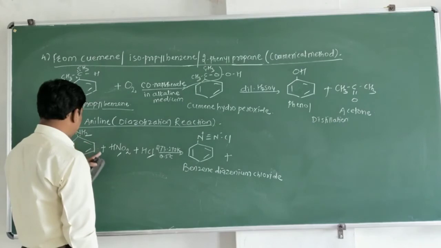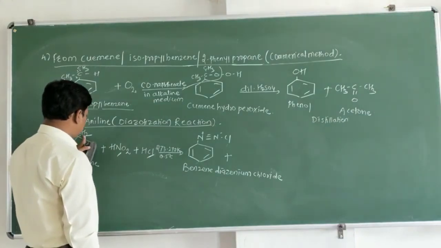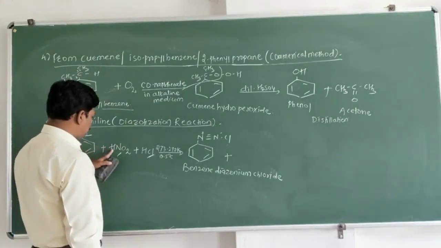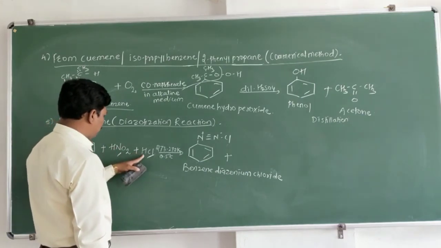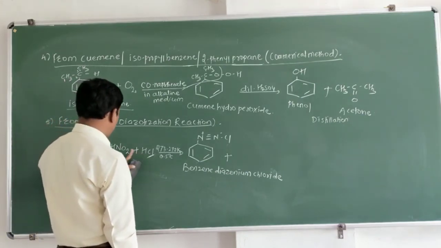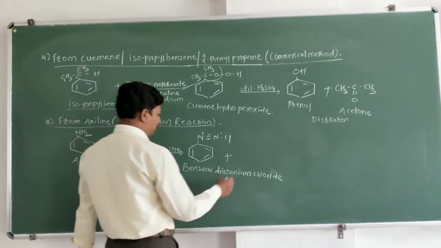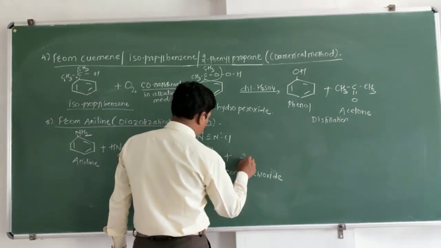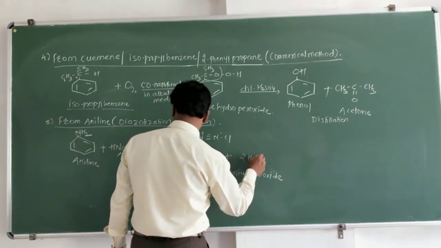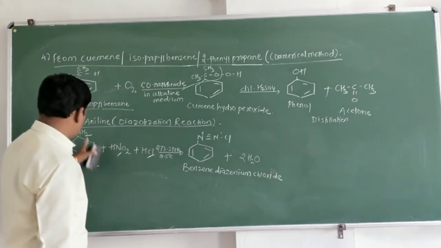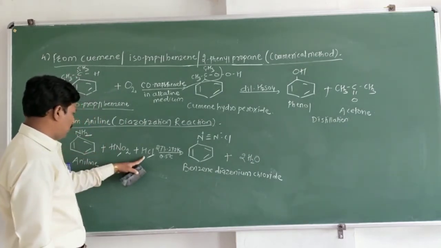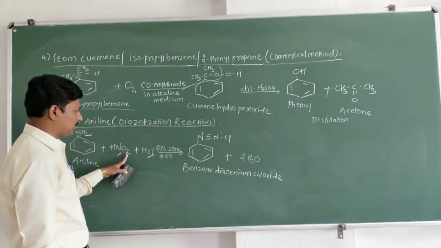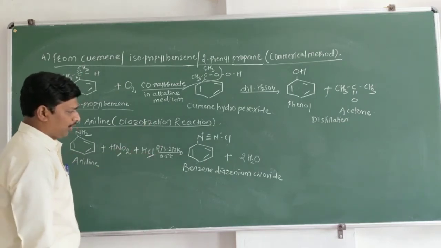Now in this reaction, these two hydrogen atoms, this the third hydrogen atom and this the fourth hydrogen atom, and these two oxygen atoms mean that 2 H2O is formed. Okay, so 2, 3 and 4 hydrogen atoms and 2 oxygen atoms form 2 H2O here.